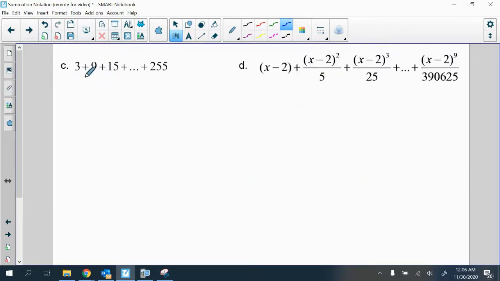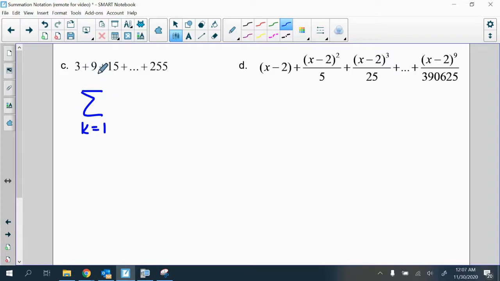So now this one, this is a lot of work, it seems. 3 plus 9 plus 15 plus all the way to 255. So the sum from k equals, let's say 1 until some number up here, what I need to do is figure out what's actually happening.